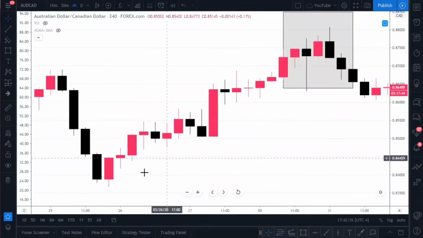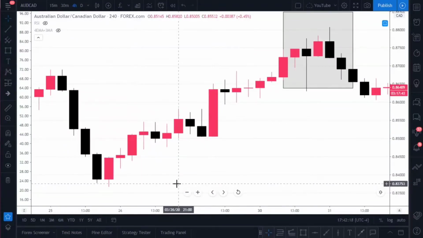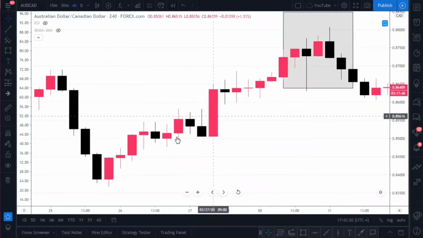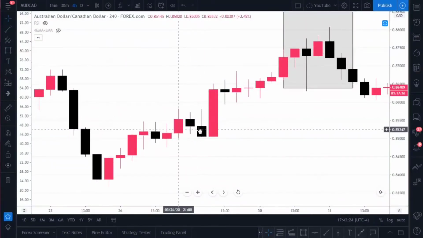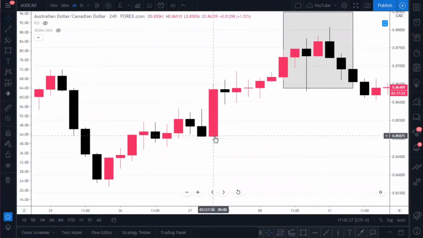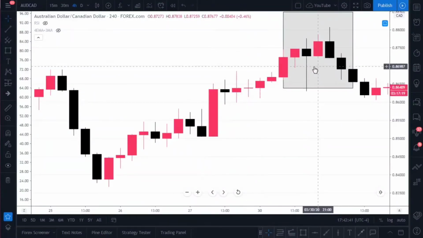So for the other example, all we had to do is look left. Okay, now this was our upward momentum, and we got a bit of a pullback here, but this was bullish engulfing. We had a small sell candle followed by a very large buy candle, which was an indication that buyers were very strong in the market and wanted the uptrend to continue.